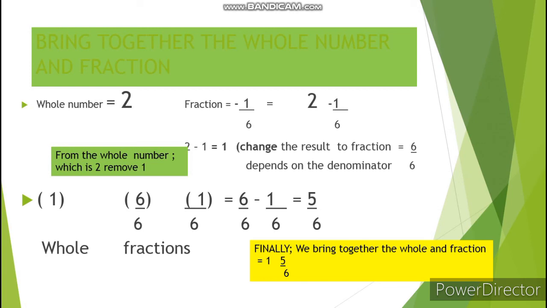Once you've gotten 5/6 as the fraction, don't forget we just join the remaining whole number and the fraction together, and that is 1 whole number, 5/6.